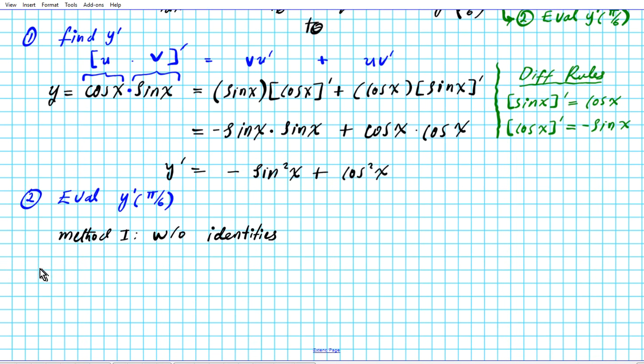So without identities, we have y prime equals negative sine square x plus cosine square x. So we just evaluate this at pi over 6. What does that mean? You plug in pi over 6 into all the x's. Okay, so we have negative sine square pi over 6 plus cosine square pi over 6.